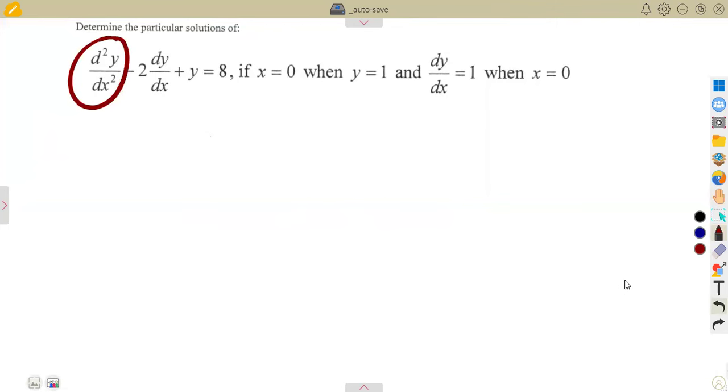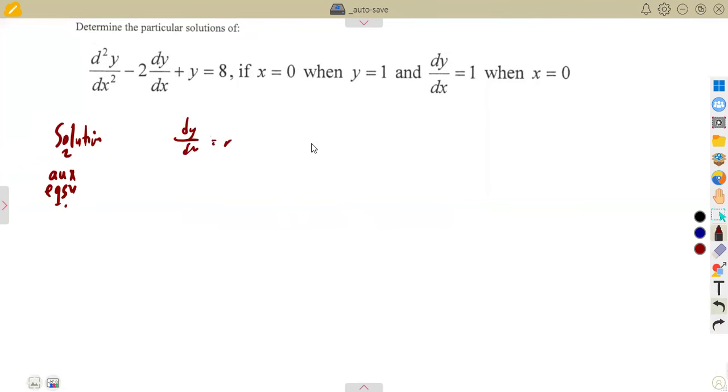Again, second order that we have there. The first thing in this case is to find the auxiliary equation by letting dy/dx be r, y be 1, and our f of x be equal to 0.